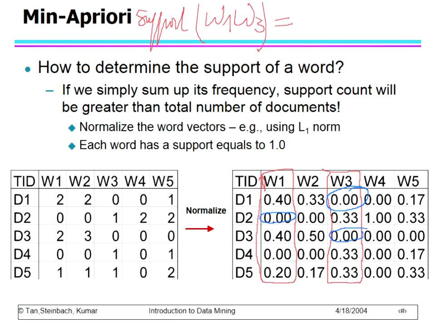So the minimum is 0 here, 0 here, 0 here, 0 here, and 0.2 here. So the support equals 0 plus 0 plus 0 plus 0 plus 0.2 equals 0.2. Is it clear?